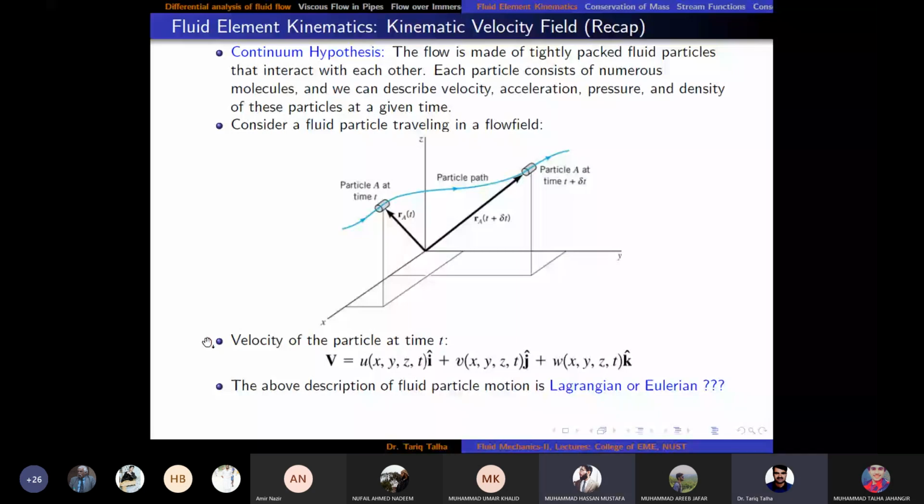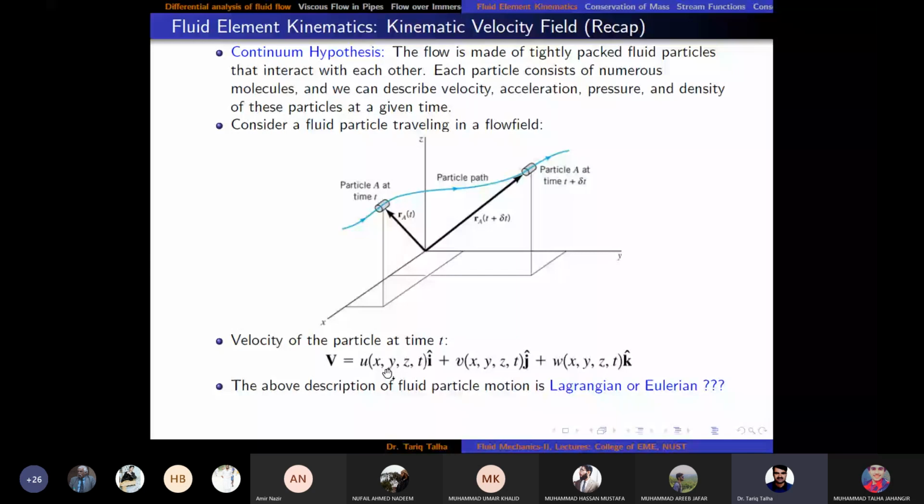This is the Eulerian approach, because in the Eulerian approach we also need to know the coordinates at which there is information of that property. For the Lagrangian approach, it is only a function of time, because we are moving with that particle. So we don't need to know the location of that particle, but only at which time instant we are recording that property.